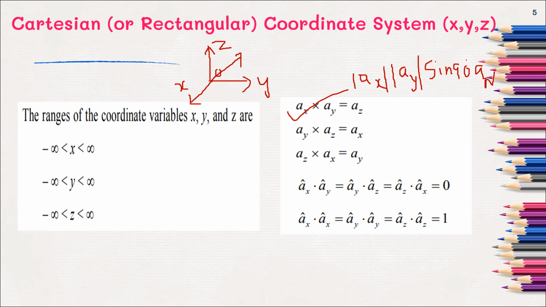Now when I have a unit vector upon itself, what is the angle between the vector on itself? Cos 0, which is going to be 1. So that is why we have ax dot ax is equal to ay dot ay is equal to 1. Is that clear? So this is the dot product and this is the cross product.